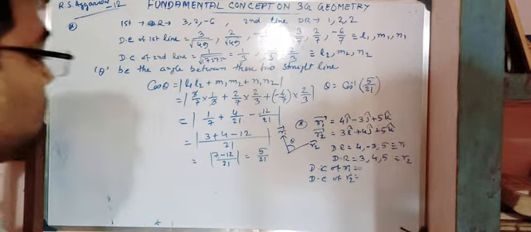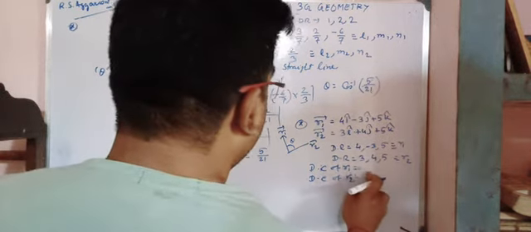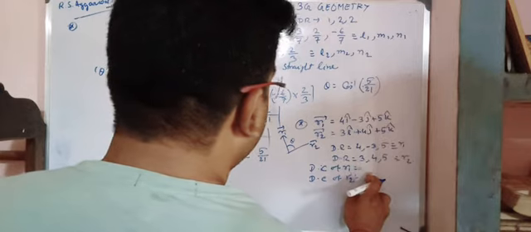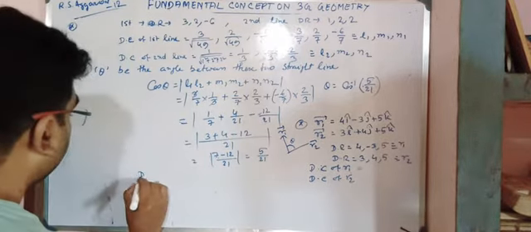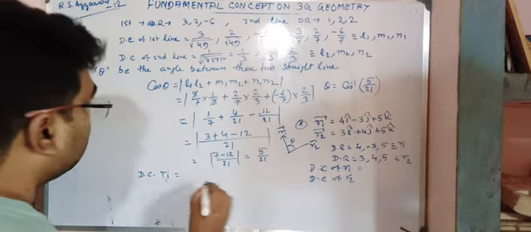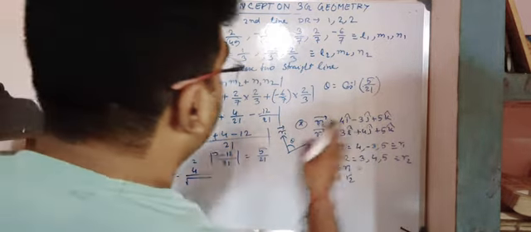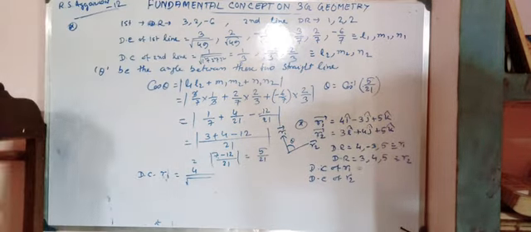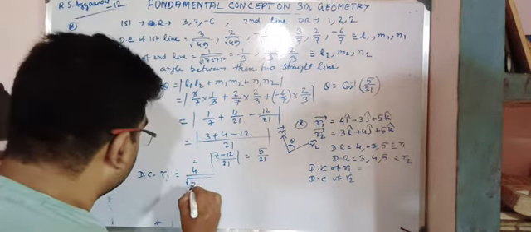So let's solve this. The direction cosine of R1 is equal to 4 by root of 4 square plus 3 square plus 5 square, which comes to root 50.